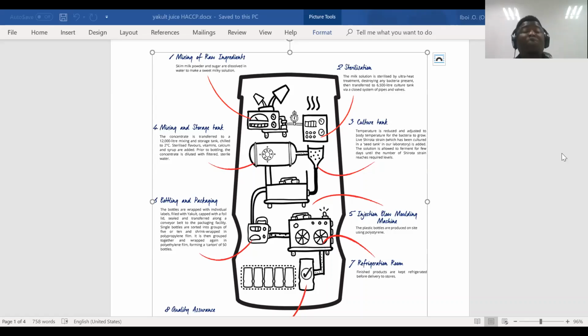They are all prerequisite programs. So we assume that we have done all that, because the prerequisite program is the foundation on which your HACCP will stand. If you look at the HACCP building, the foundation is the prerequisite program, then your HACCP rests on it. So that's the house of HACCP. We have taken all of that into consideration.